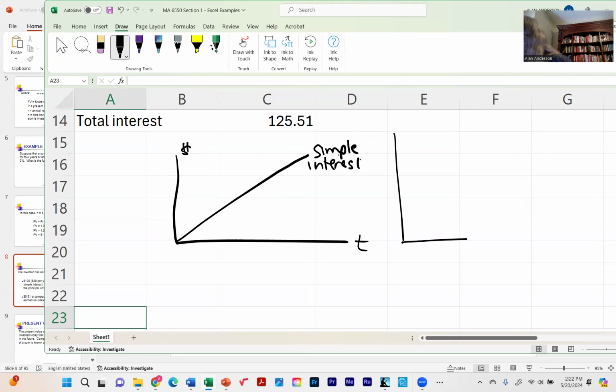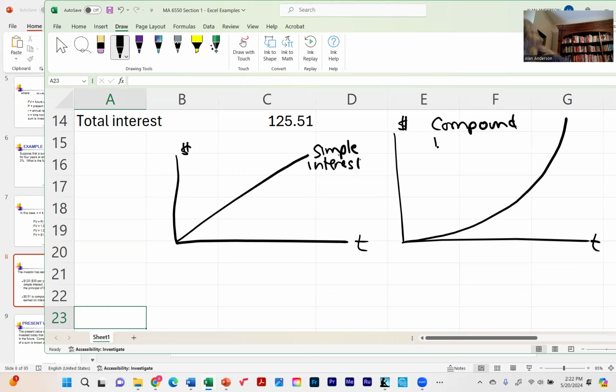Compound interest starts out very slowly, and now that's interesting. You see how it grows very slowly at first, but eventually it'll grow so rapidly that somewhere along the way, we'll actually be earning more compound interest than simple interest. Now, this might take 20 years, but it will happen eventually.